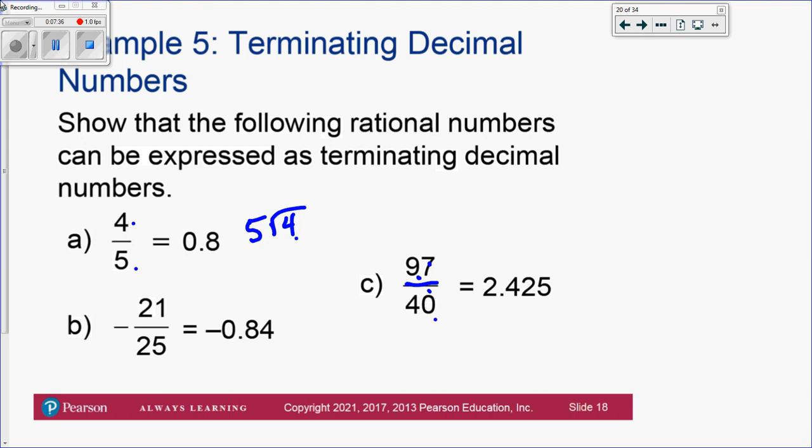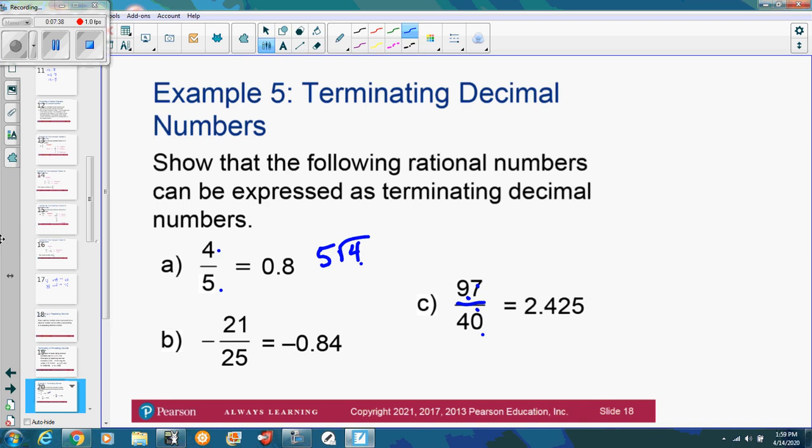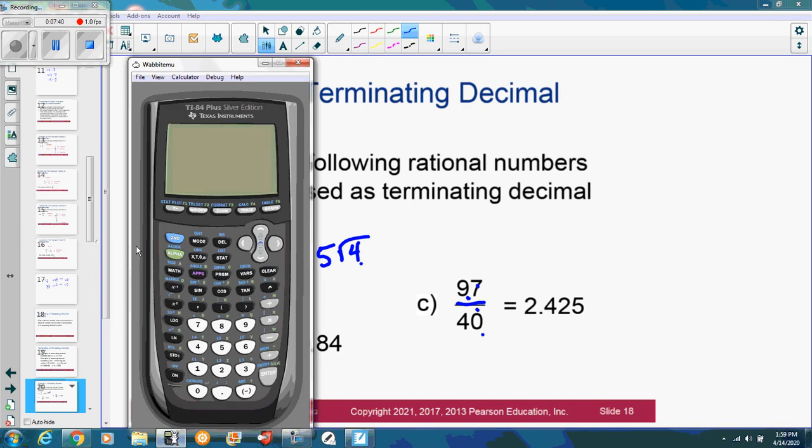So I can show you in my calculator. If I wanted to know what the answer is, 97 divided by 40 is how you would put that in your calculator, and that's where they're getting the 2.425.